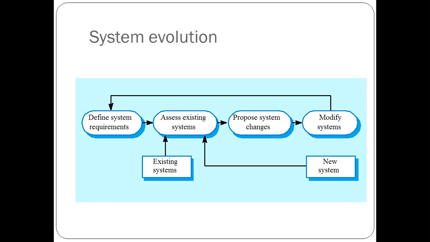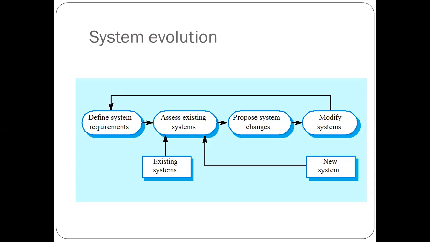Then as per the existing systems, again we will assess that and propose system changes. So what type of changes will be done in the system, we can propose, or the programmer will propose that, modify systems. So here we will modify our system as per requirement.